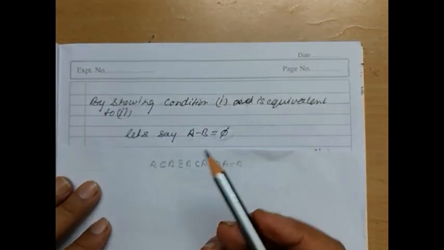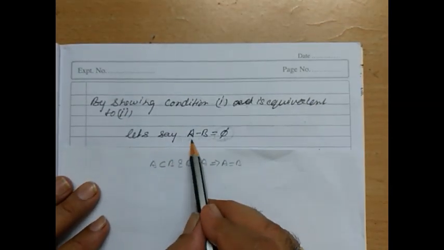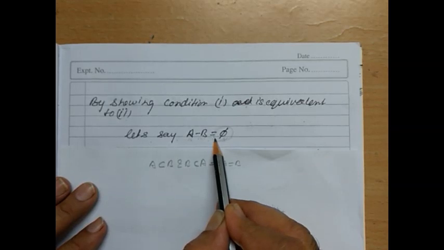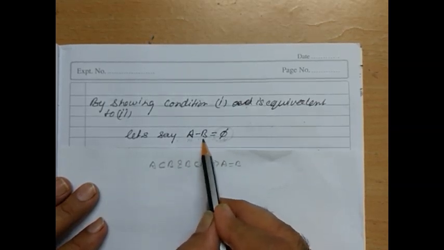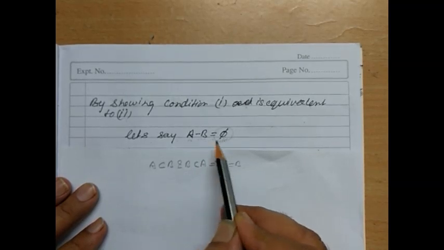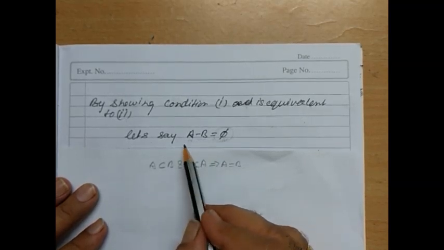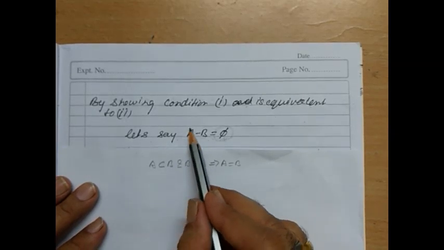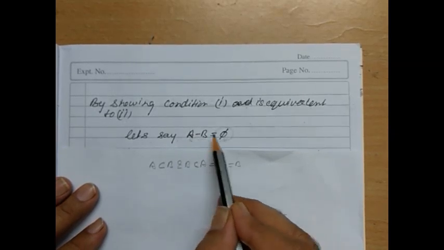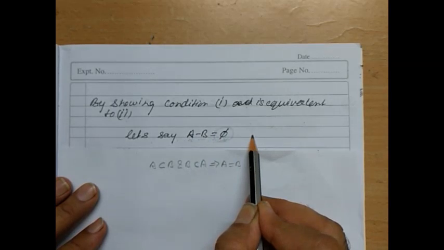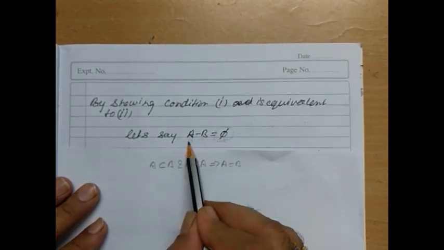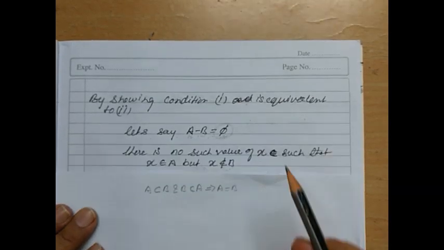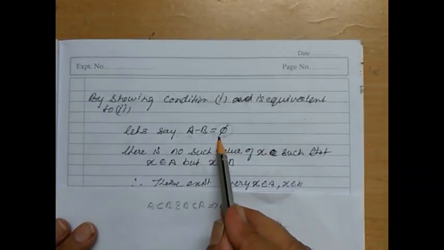Okay. Let's say A minus B is the empty set. So under what condition will A minus B be the empty set? For A minus B, the difference of the sets, we are taking the elements of A which are not present in B, isn't it? Which are not present in B but are present in A. So when will it happen that we get an empty set?